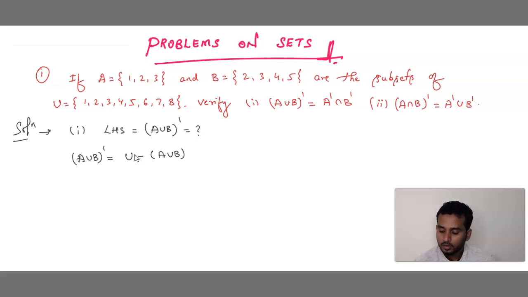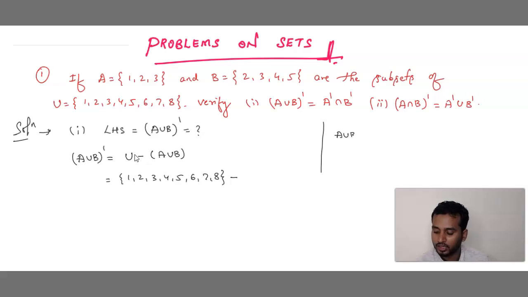Correct? Put one working column. What is set U? We know set U is 1, 2, 3, 4, 5, 6, 7, 8. This is set U. Minus A union B. We don't know A union B. So what you should do? Put one working column.